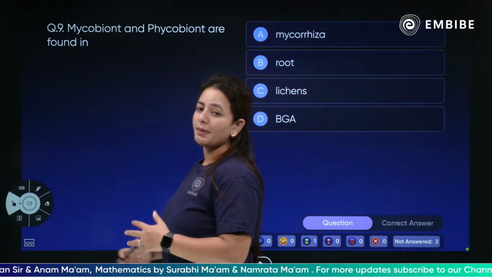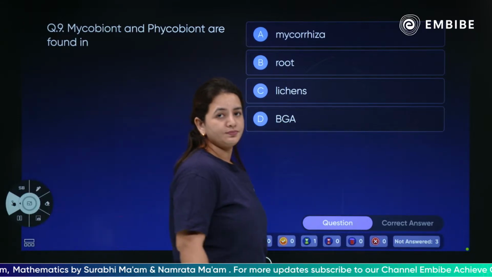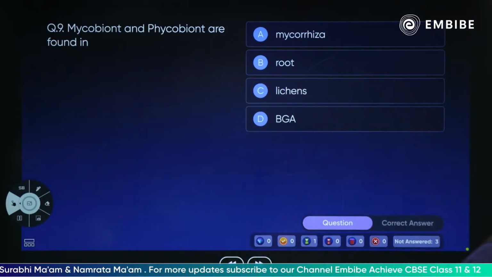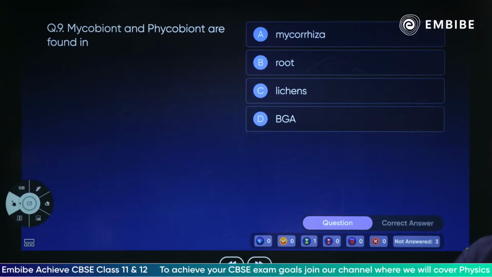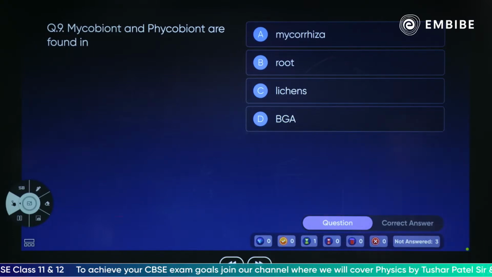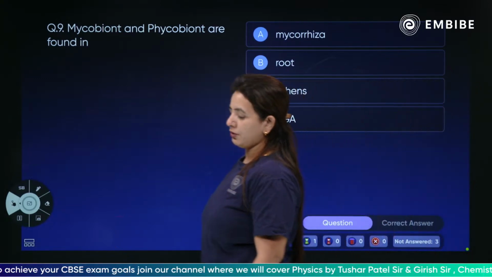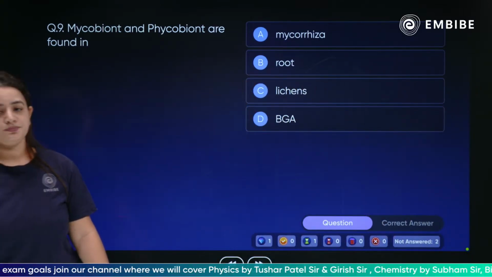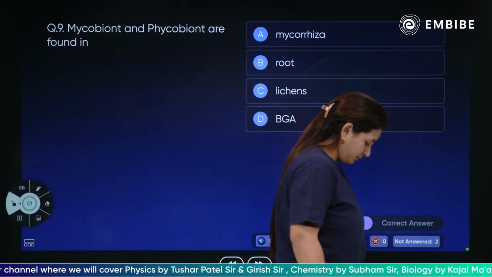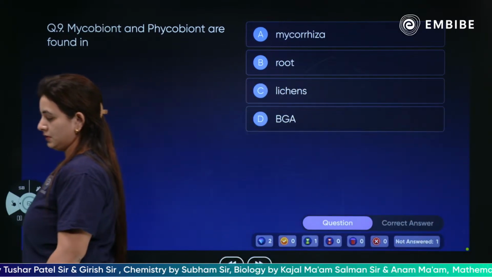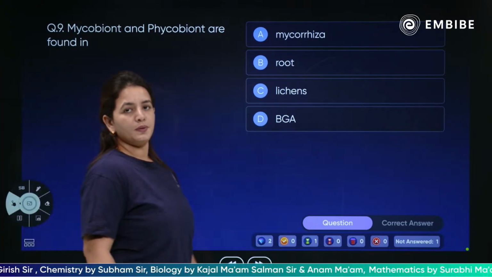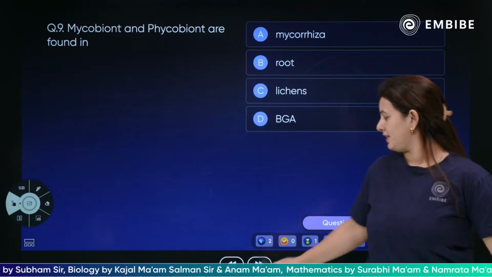Among these 4, which has a mycobiont and phycobiont relationship?